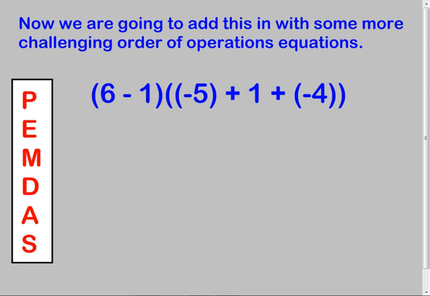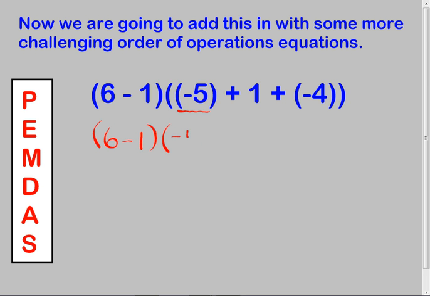Okay, try this one. You should have it out on your sheet. It's in your packet. And what I don't like about this, there's just so many parentheses there, I'm getting confused. So let me clean it up a little bit. And you'll see it like this with all those parentheses. 6 minus 1. And this parentheses right here is just to show off that negative sign.